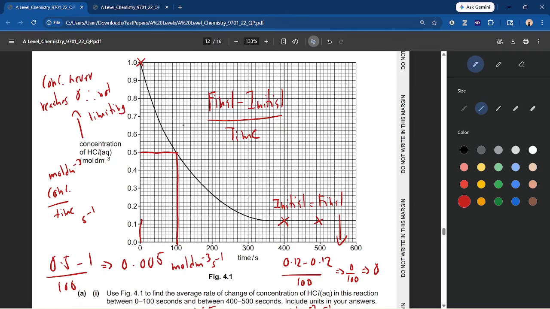Instead, because the concentration becomes constant, you can say that since hydrochloric acid is reacting with Na2S2O3, that is the one that got used up.